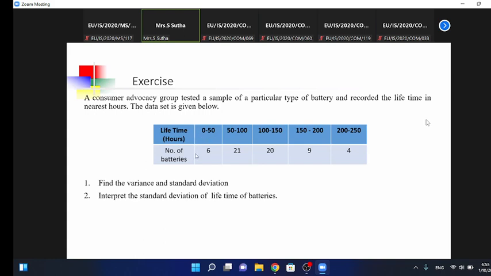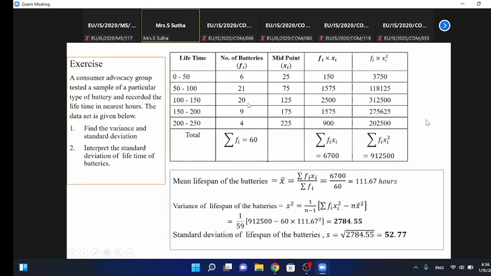Here the lifetime of batteries is the variable, and these are the class intervals of lifetimes, and these are the numbers of batteries given. So find the variance and the standard deviation, and interpret the standard deviation of the lifetime of batteries. Here the example was done for you. So fi xi and fi xi squared.